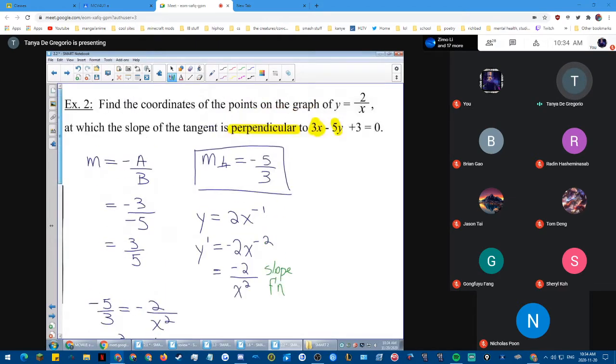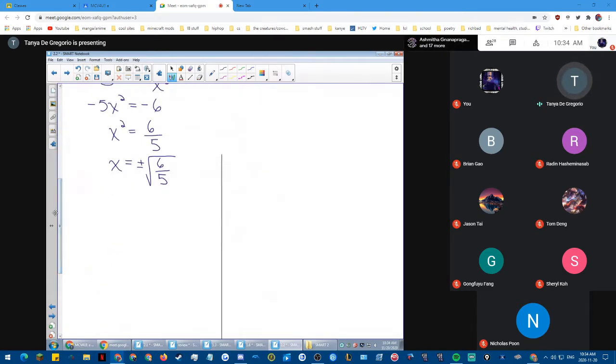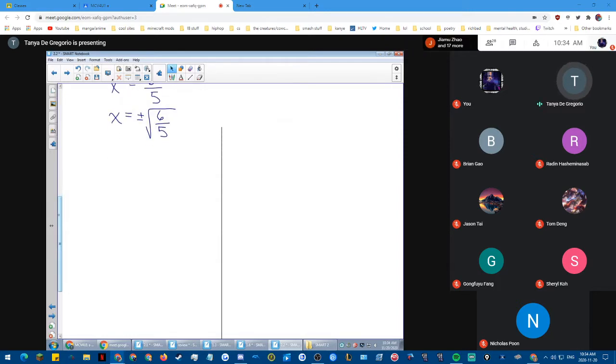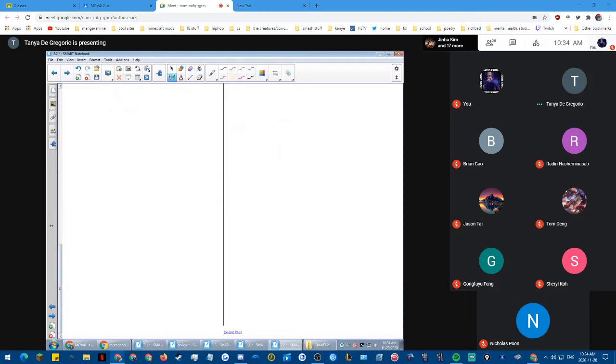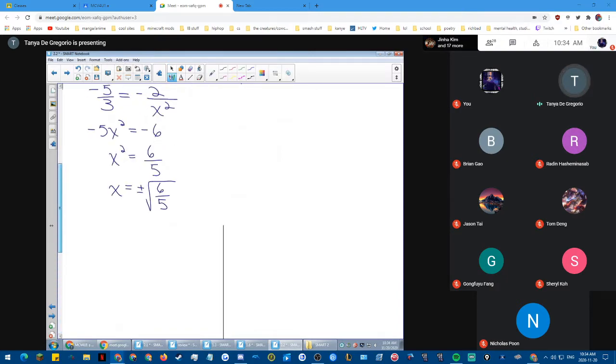The question asks for the coordinates. Not just the x coordinates, but the coordinates. So what do I need to find? I got to find y's. But that's not hard. How do you find y's if you know x's? Yeah, that's it. You're just going to put it in the equation.